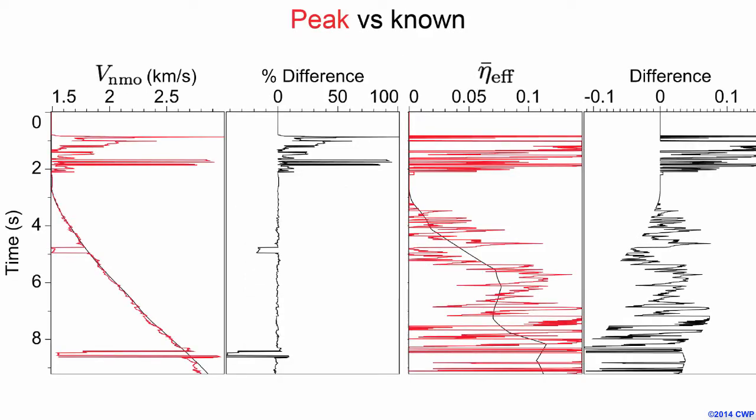And if we just pick the peak semblance at each time again, we get an estimate of VNMO which isn't too far off where we have peaks of semblance, but for effective eta, it's wildly oscillating, and not even close. So there's definitely a difficulty in estimating eta, which many of you already know, and you can't do it just by picking maximum semblance at each time.